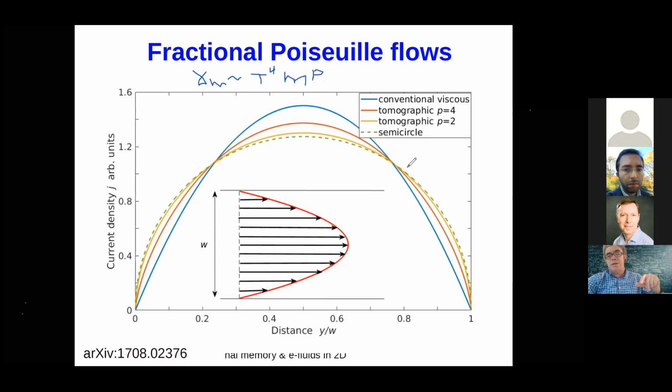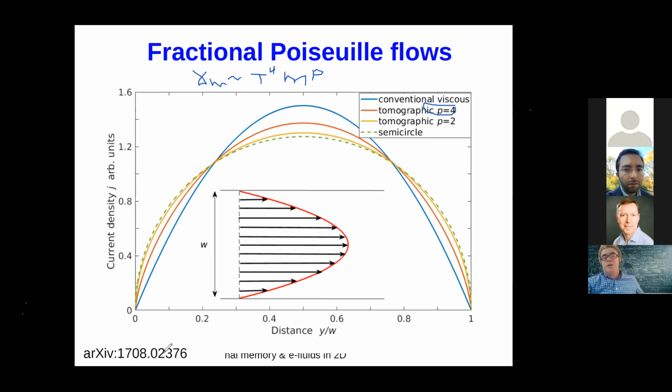So for historical or personal reasons, we keep comparing p equal 2 and p equal 4, but we believe p equal 4 is the correct answer, at least as the outcome of that long paper that we wrote.